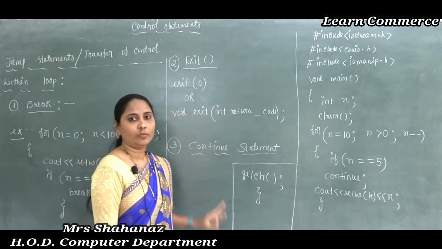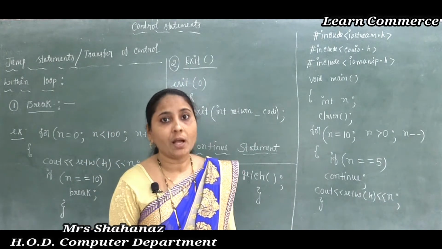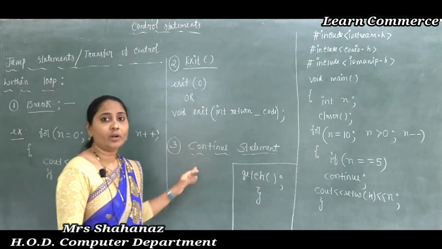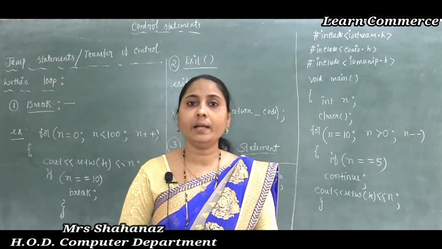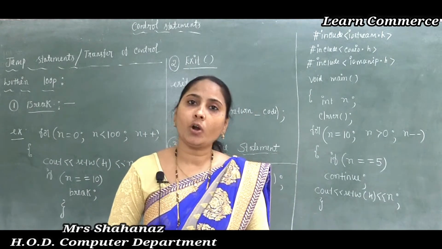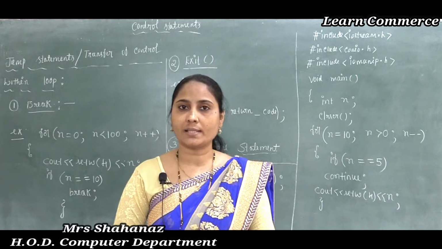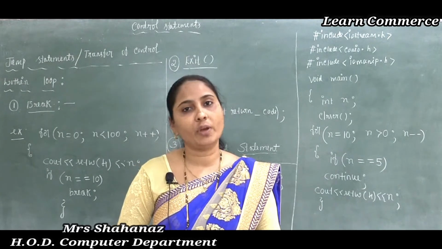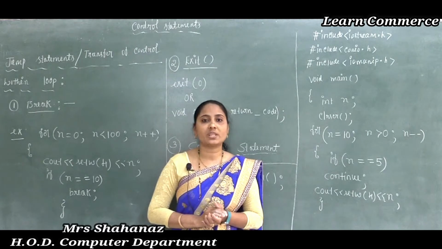The third is skipping halfway through the loop, which is called the continue statement. Clear this part? So the three jumping statements are the break statement, the exit function, and the continue statement.